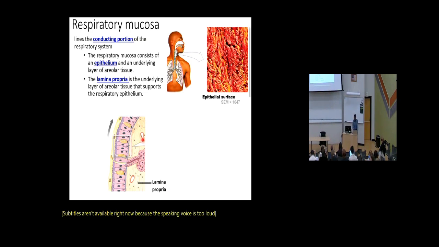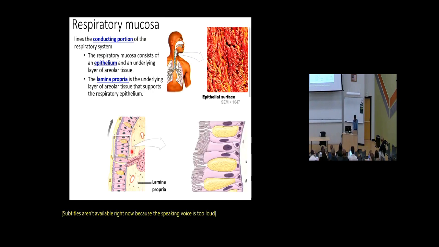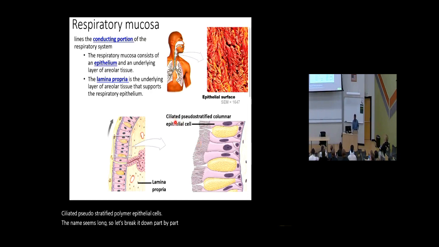So let's take a closer look at the epithelial cells in this figure, right? So we see that the cells found here are called ciliated pseudostratified columnar epithelial cells. The name seems long, so let's break it down part by part. The term ciliated is just referring to the fact that there are these hair-like projections from the cells.